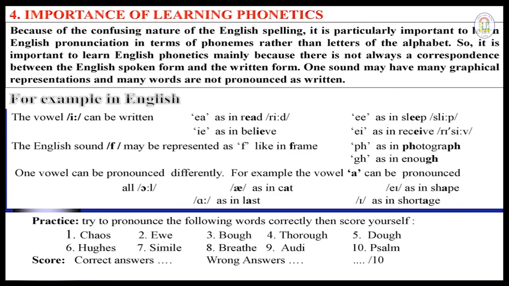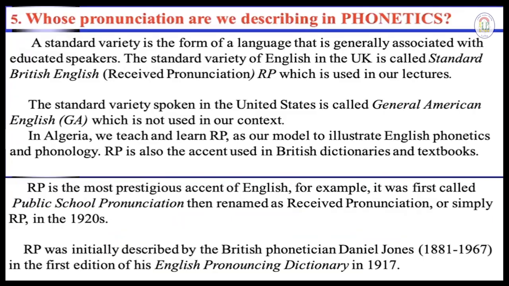If you have scored less than 10, then you need to check an English pronunciation dictionary each time you come across a new word whose pronunciation you don't know. Whose pronunciation are we describing in phonetics? Students might wonder about the model we are describing in phonetics. A standard variety is the form of a language that is generally associated with educated speakers.